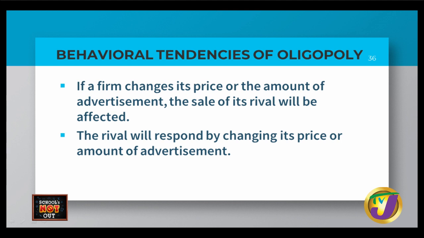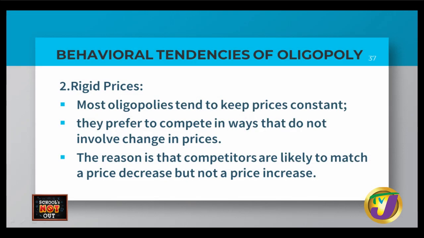If a firm changes its price or the amount of advertisement, and advertisement is classified as non-price competition, the sales of its rival will be affected. The rival will then respond by changing its price or amount of advertisement, of course, to the benefit of the consumers. You have what is called rigid prices. Most oligopolies tend to keep prices constant.